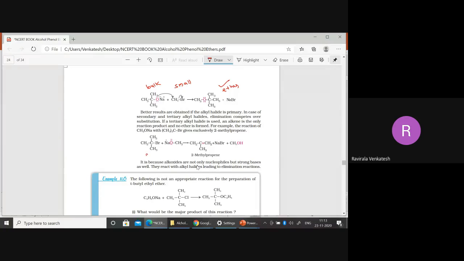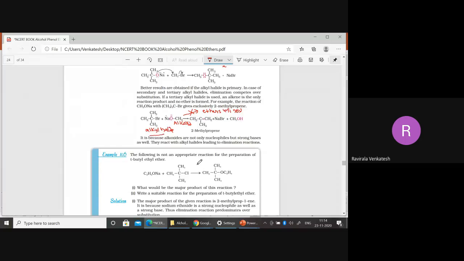Alkyl halide, bulk group they taken, alkoxide small group. This is not reverse actually. So in this case ethers are minor products, very minor products. Now what product are we going to get here? Alkene we are going to get.